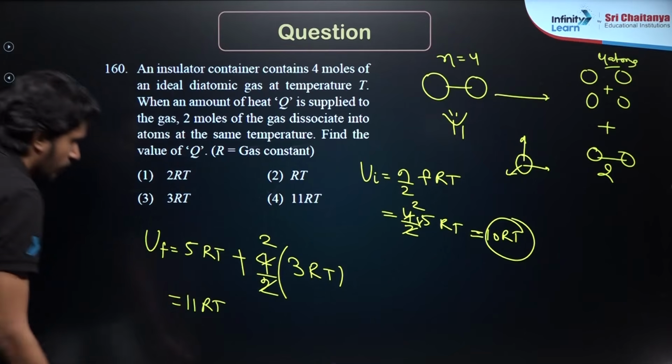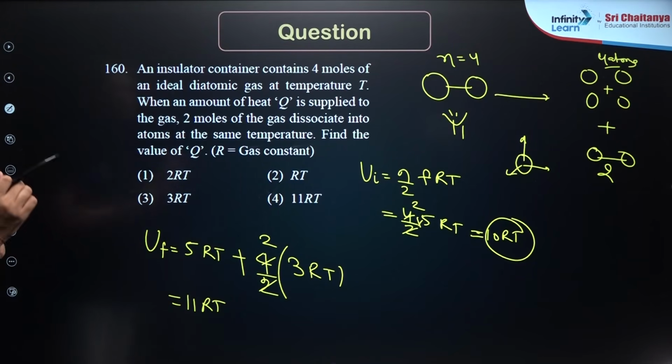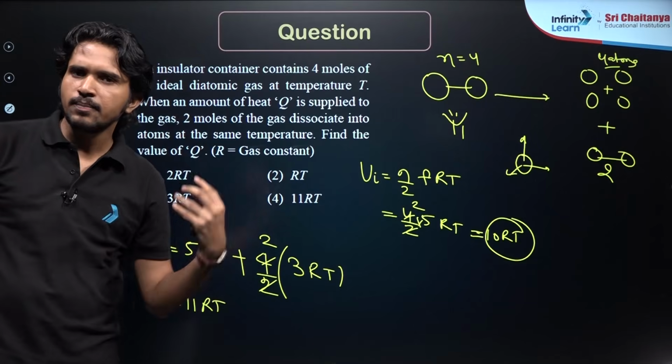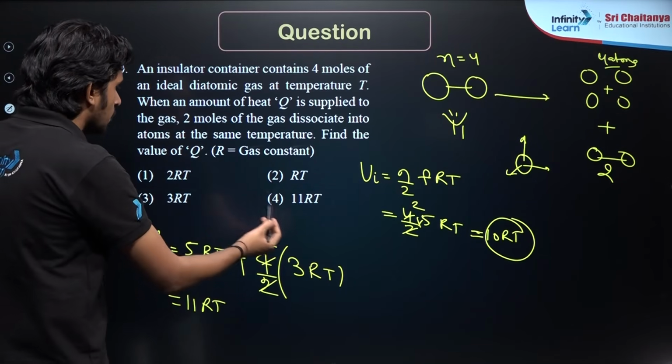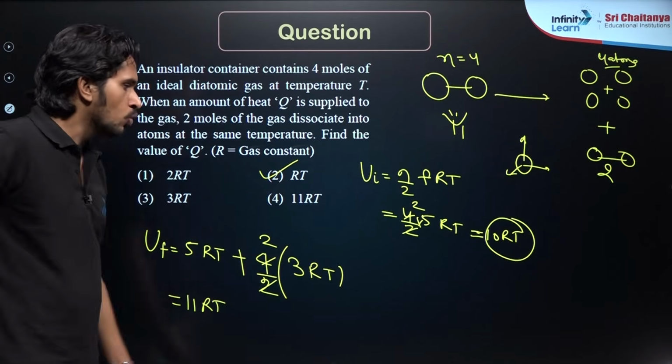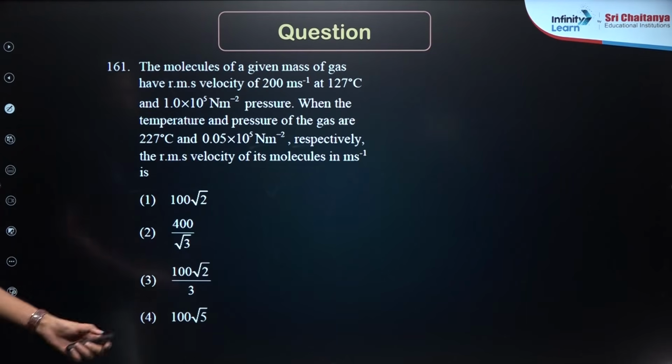So this is U final. Then Q is supplied, so Q will be 11 RT minus 10 RT, that is RT. So option 2.